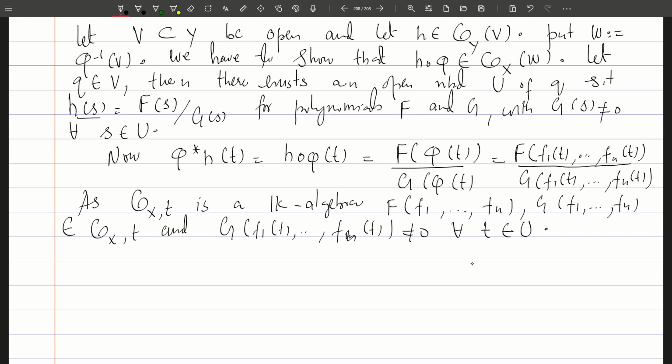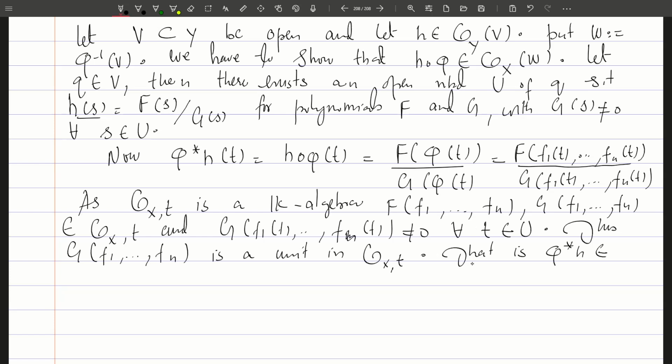So thus g of F1 up to Fn is a unit in O_X,t. That is, the function phi star h is regular in this local ring.